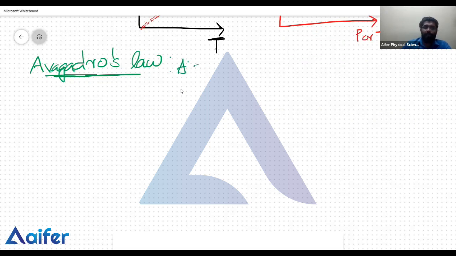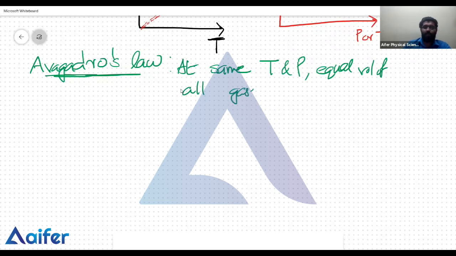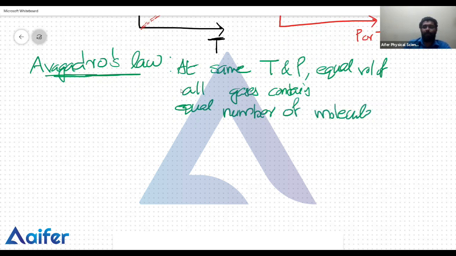At same temperature and pressure, equal volume of all gases contains equal number of molecules or atoms. So this is all about Avogadro's law.